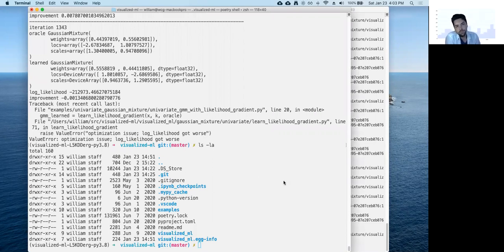Poetry is a Python tool for creating and maintaining libraries, similar to NPM in the JavaScript world, where you can do dependency management. It'll create virtual environments for you, and it will publish updates of your library to PyPI for you. It does a lot of things, but it's also yet another tool, right? So I don't really use it as much anymore.